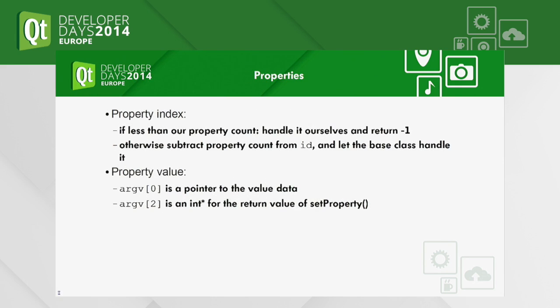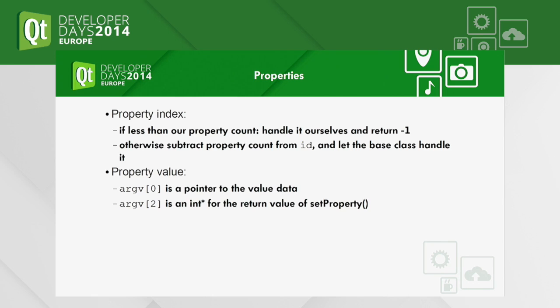Okay, then let's have a look at how those would be implemented in detail. The second argument in qt_metacall is the index of the thing we are dealing with. The way this is handled, both for properties and methods, is if that value is less than the amount of properties we have, it's basically a zero-based index into our properties.